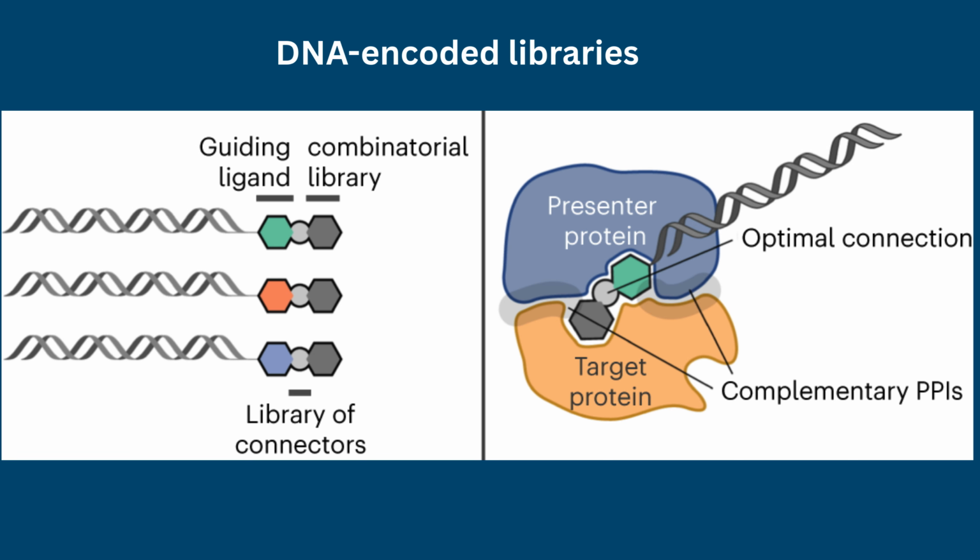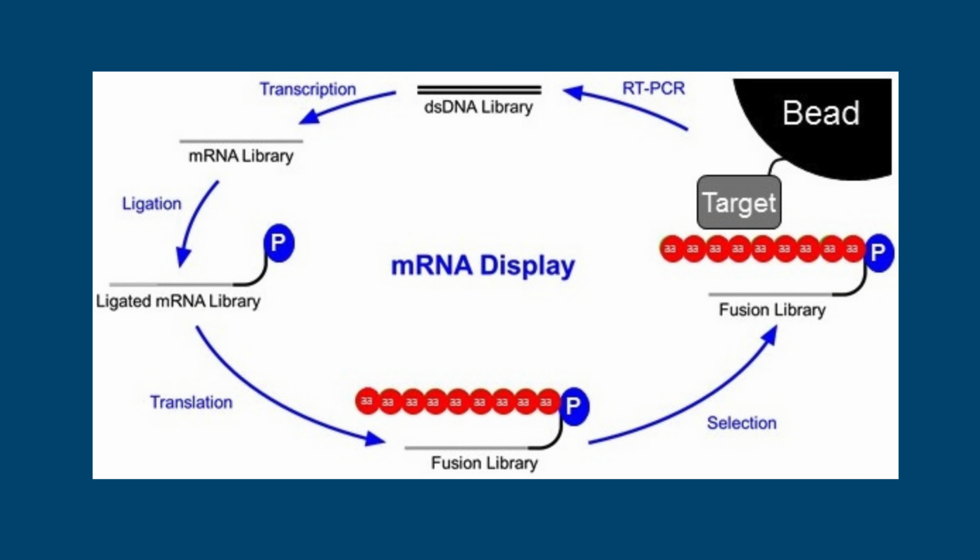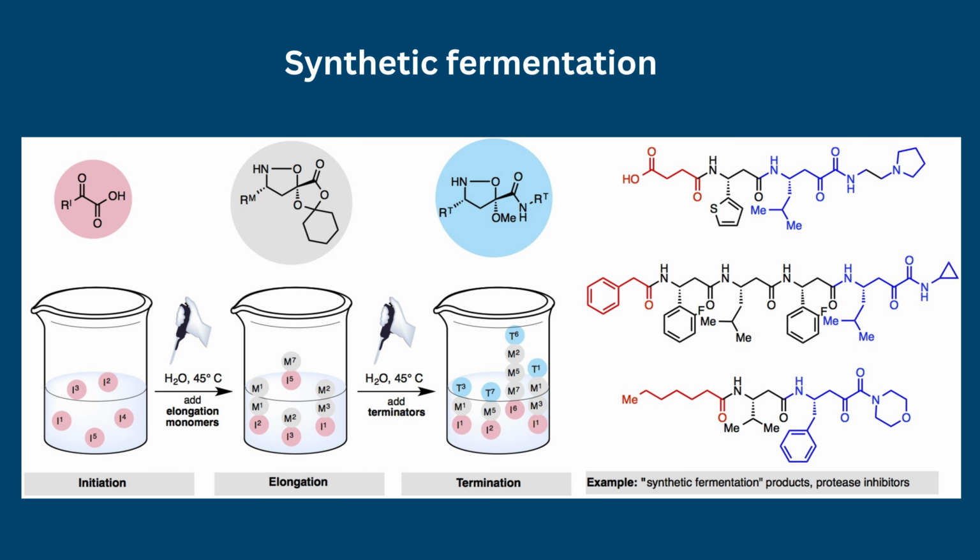DNA-encoded libraries now allow the generation and screening of billions of compounds with precise identification. Advances in biological display systems, including mRNA and phage display, incorporating unnatural amino acids, have increased chemical diversity and stability of peptide libraries. New synthetic methodologies, such as aqueous synthetic fermentation approaches, enable the construction of complex molecules under mild conditions.